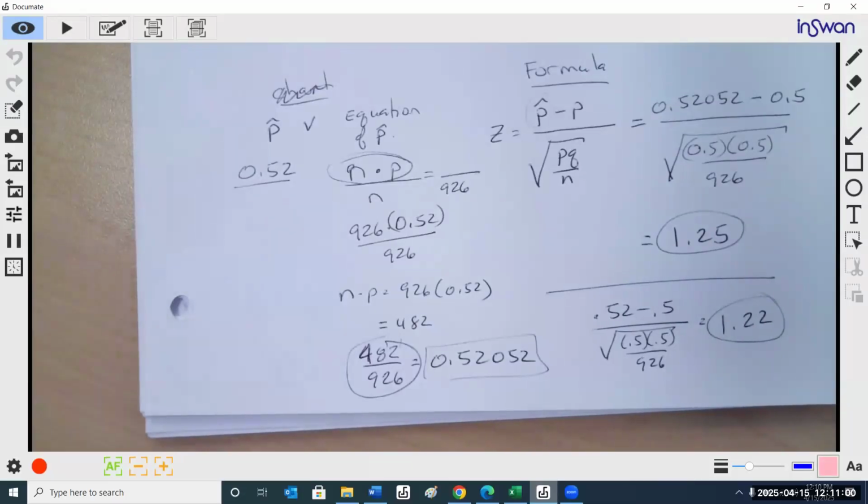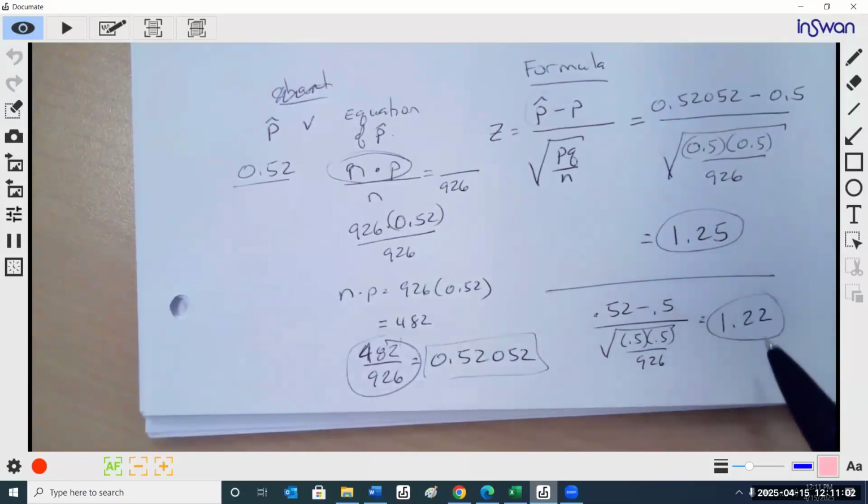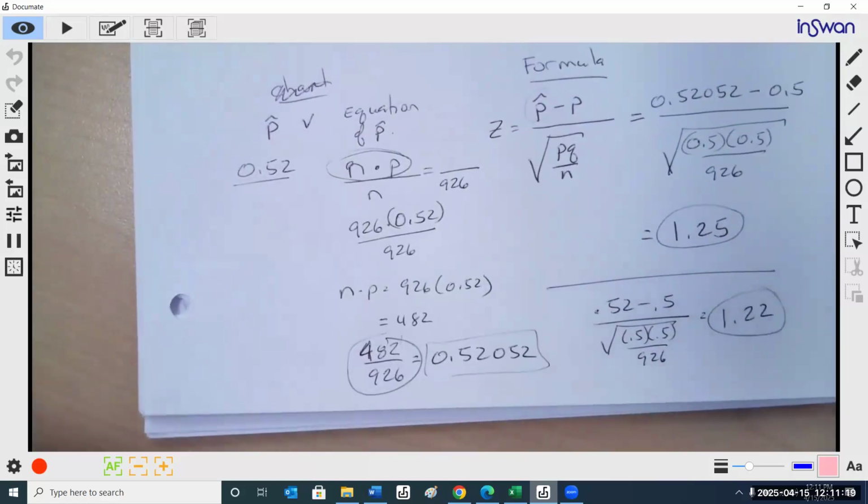What difference do these values make? They look pretty close, don't they? They're 3/100ths away from each other. But what difference do they make? It represents the critical value that tells us the area.